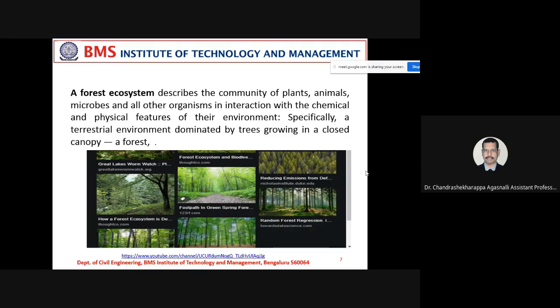We are living with the environment. Without environment, we can't live. That's my opinion. Yes, of course we can't. Nobody can. Specifically, a terrestrial environment dominated by trees growing close together is a forest. It depends: there are some man-made forests, and there are some natural forests which grow up without any support.